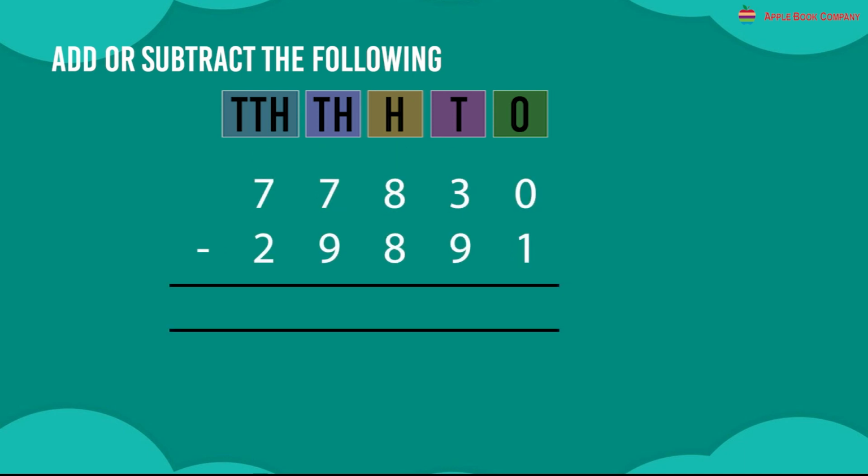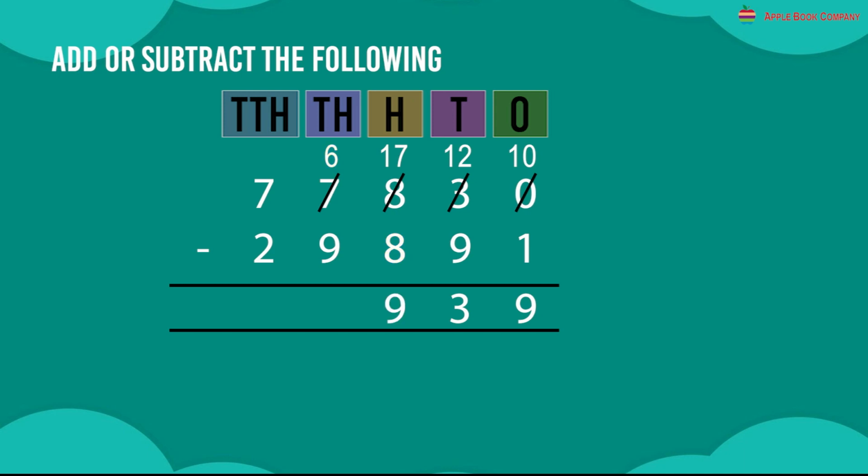Let's look at another subtraction. Start from ones. Since 0 is less than 1, carry 1 from tens place. 3 becomes 2, 0 becomes 10. 10 minus 1 is 9. Since 2 is less than 9, carry 1 from 100. 8 becomes 7 and 2 becomes 12. 12 minus 9 is 3. Since 7 is less than 8, carry 1 from 10,000's place. 7 becomes 6 and 7 becomes 17. 17 minus 8 is 9.